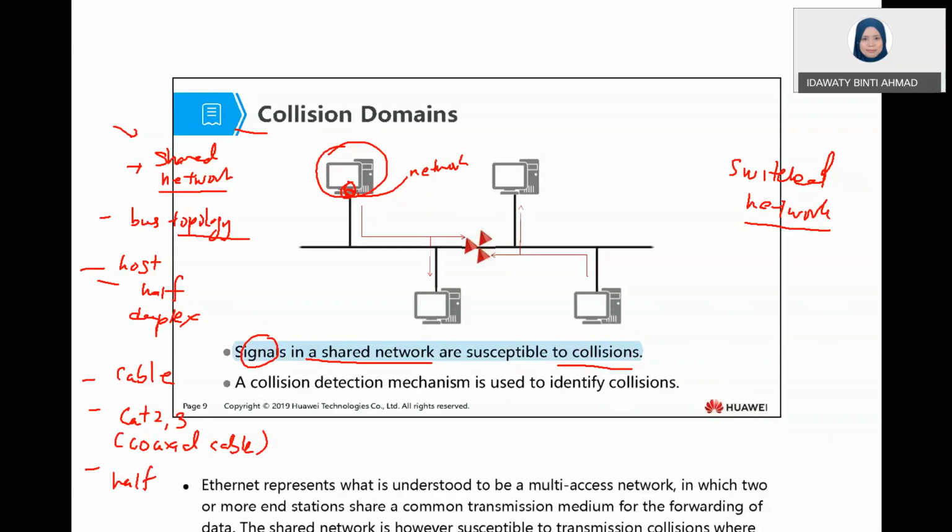So any technology that is half duplex will collide. You will have a collision in the shared network. In a shared network, number one, the topology is bus. Number two, the host or the network card is half duplex.